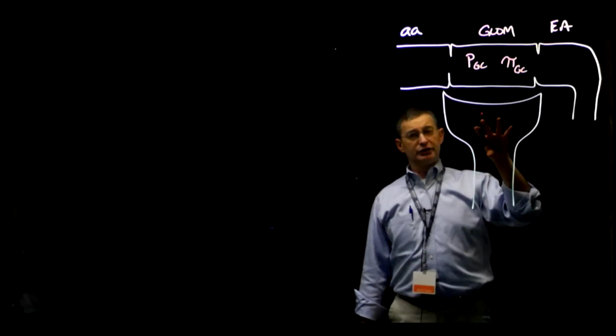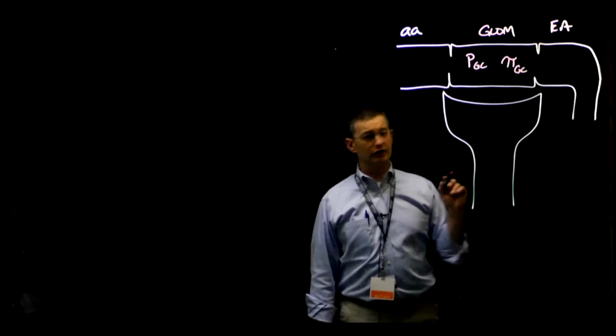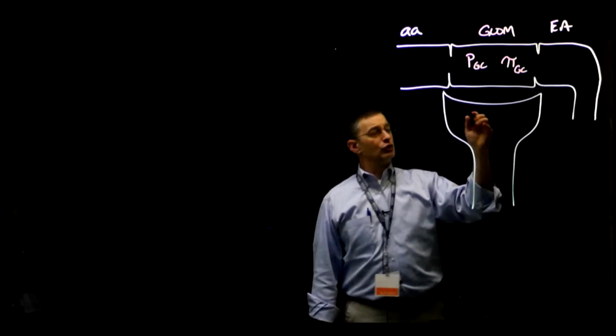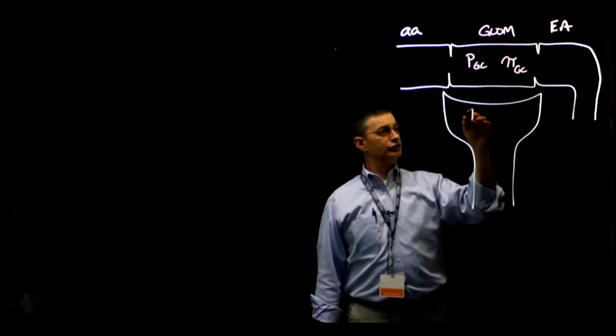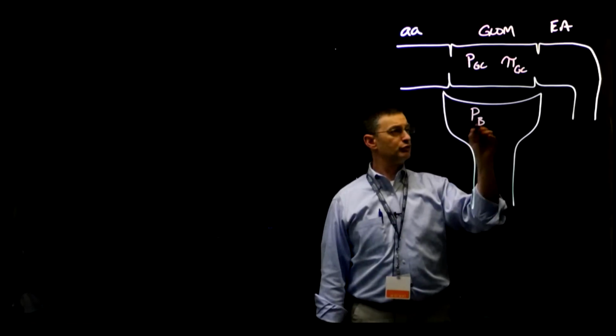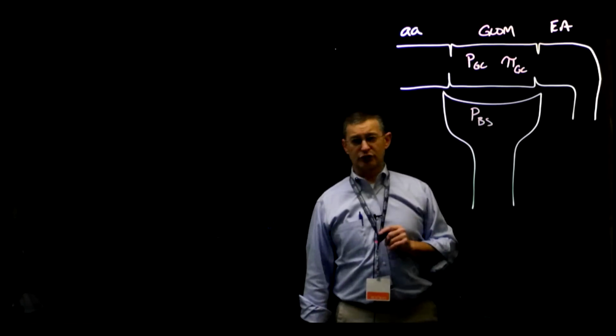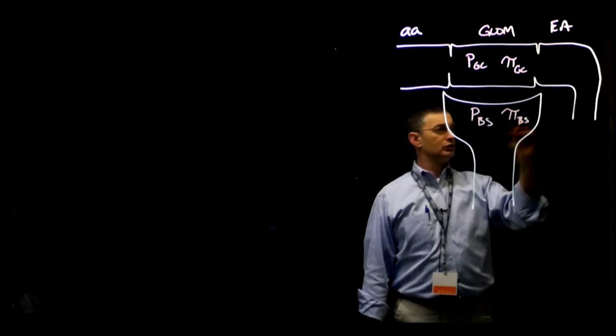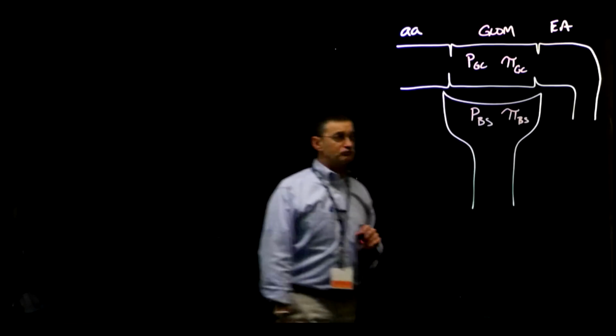And then in the nephron, the very beginning of the nephron is called Bowman's space. So we have similar driving forces and pressures in Bowman's space, which I'll depict as the hydrostatic pressure within Bowman's space and the oncotic pressure within Bowman's space.